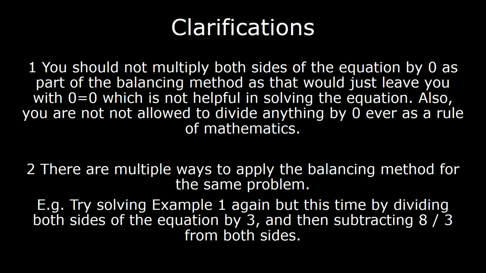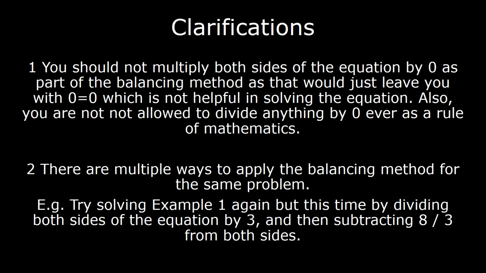Firstly, you may recall me using the phrase non-zero number when stating the rules of multiplication and division on both sides of the equation under balancing method. Why did I say that you can only multiply or divide both sides of the equation by a non-zero number? That is to say, any number, positive, negative, fractional, decimal, any number except 0.